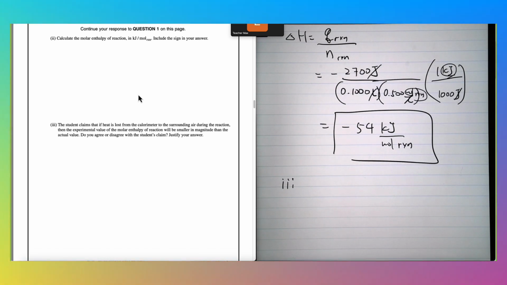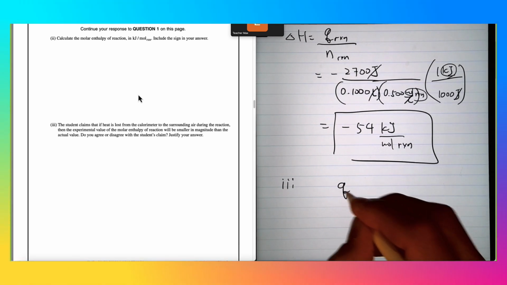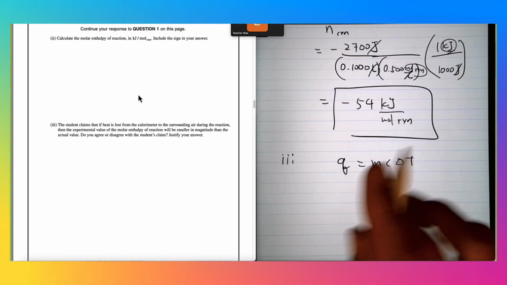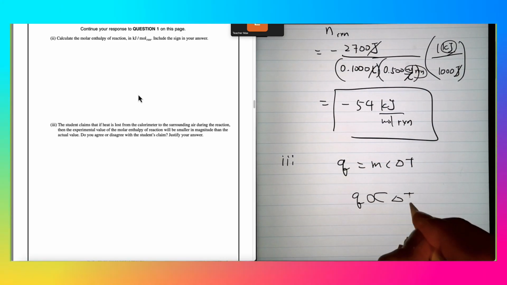So when you do experiments, some things are bound to be lost. If heat is lost from the calorimeter, then the temperature change will be smaller. Let's go back to our formula, Q equals mc delta T. If you look at Q and delta T, they are proportional to each other.